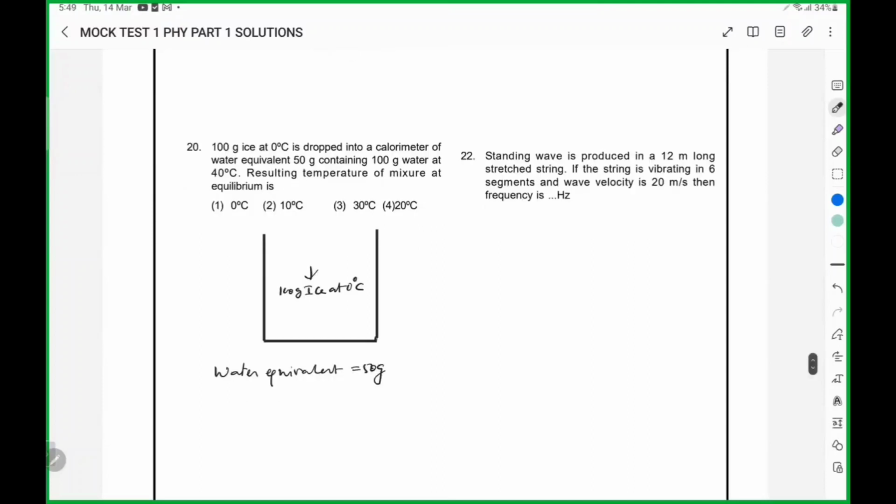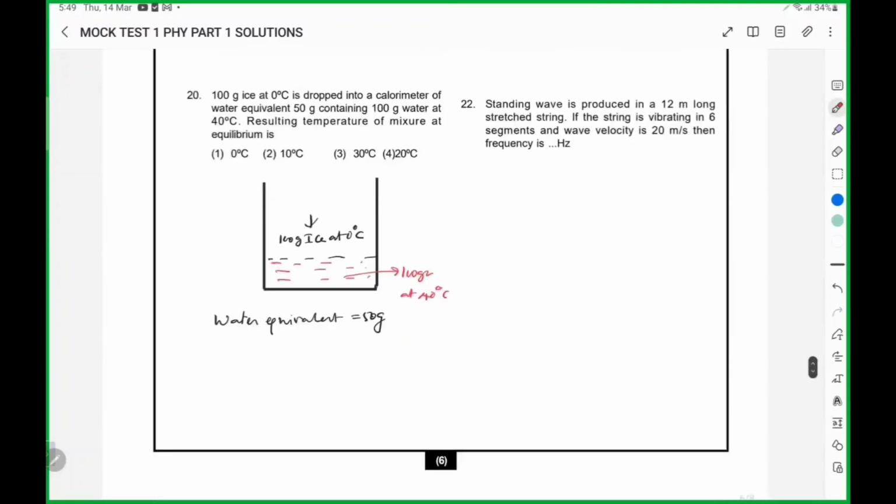This calorimeter is already containing 100 grams of water at 40 degrees centigrade. So here, this is the cold body and this is the hot body.